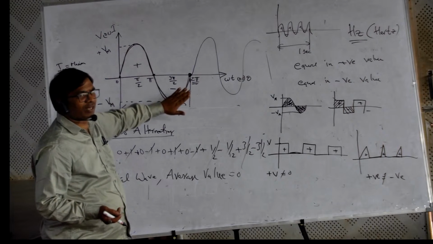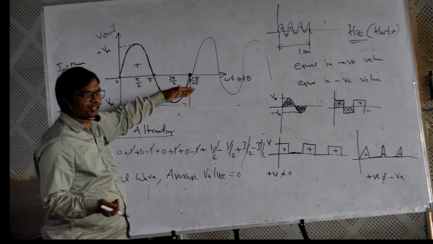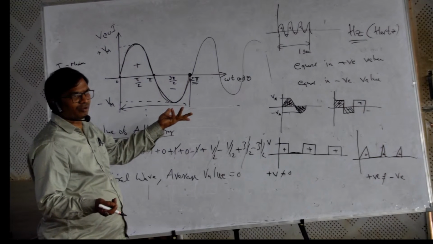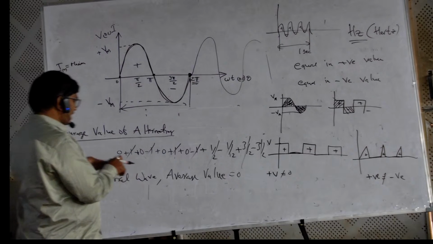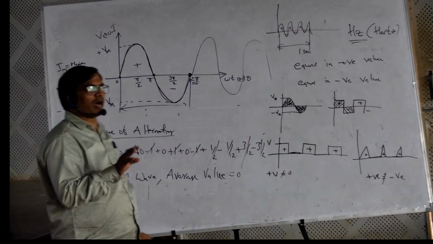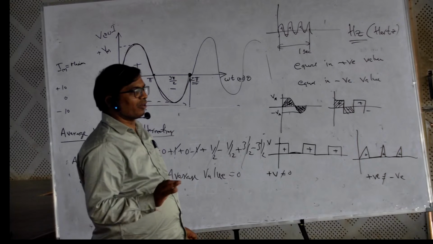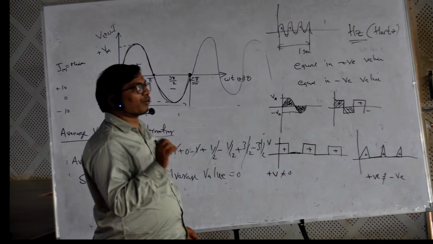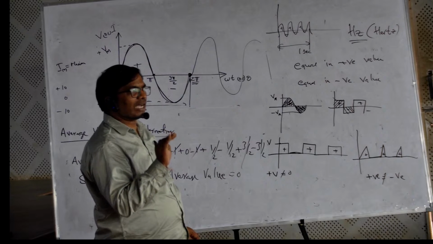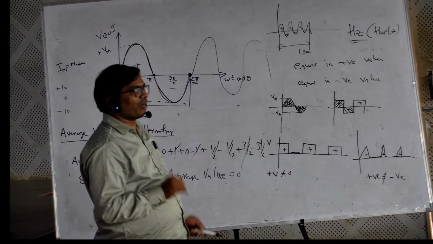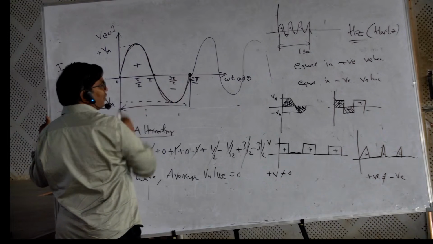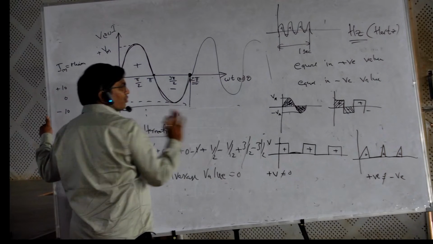Plus 1 minus 1 is 0, plus 2 minus 2 is 0, plus 1 by 2 minus 1 by 2 is 0. Okay, that's why the average value of symmetrical waveforms is 0. That's why we have to get some value for the alternating quantity. If we take positive and negative values together, we get the average value equal to 0.